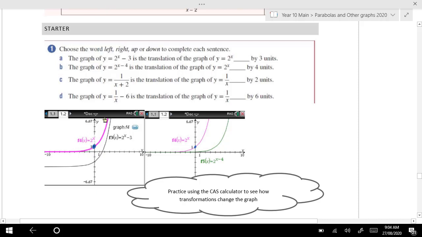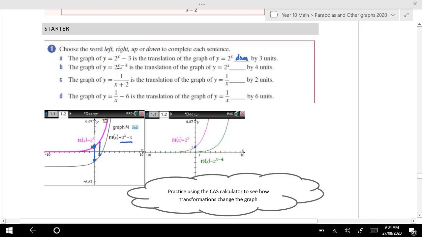This point here, you can see 2 to the x minus 3 has been, every point has moved down 3. If I was to go here, every point here has been moved down 3. So the translation is that we're translating the graph of 2 to the power of x down 3 units.